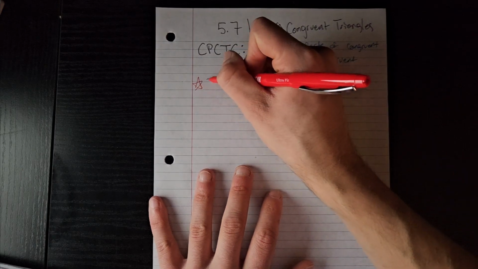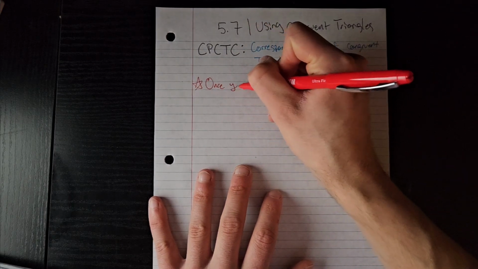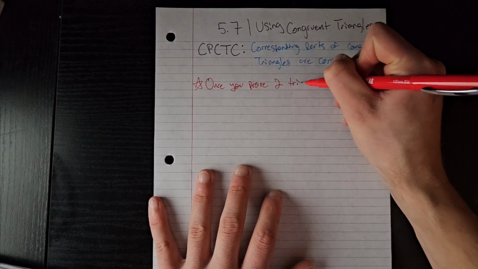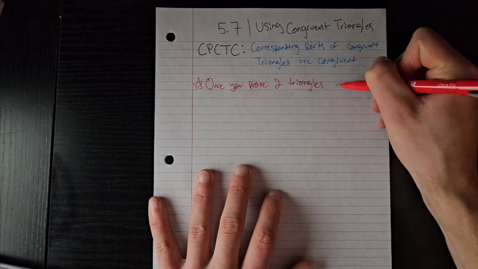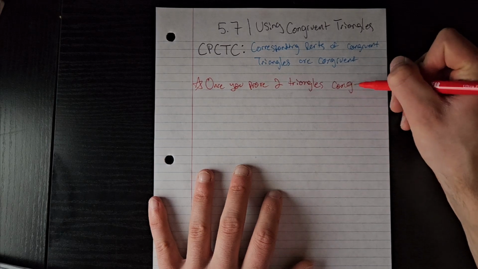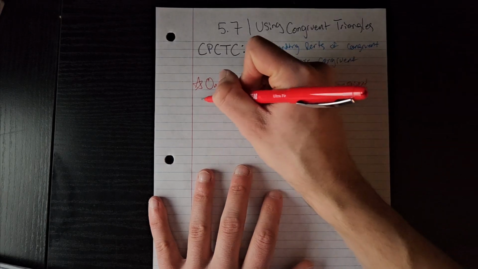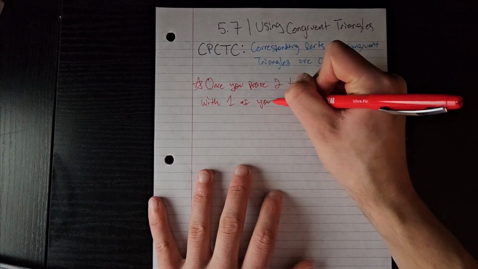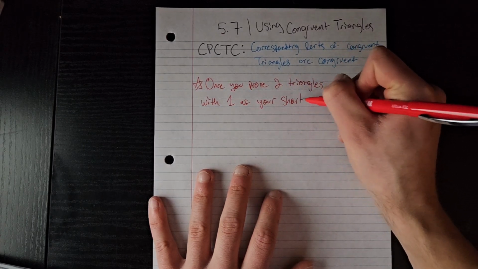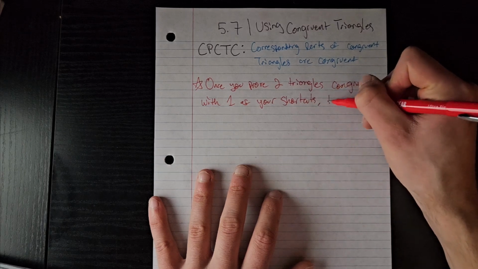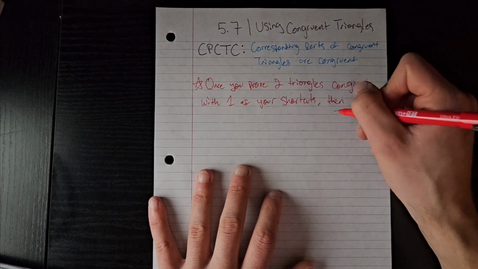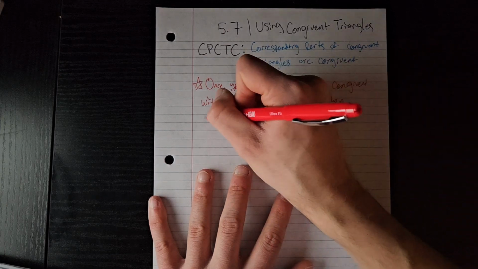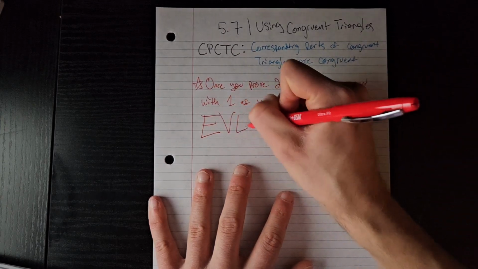What does this mean? It means once you prove two triangles congruent with one of your shortcuts, then, it's too bad I'm writing in red, then I'll make this super big.